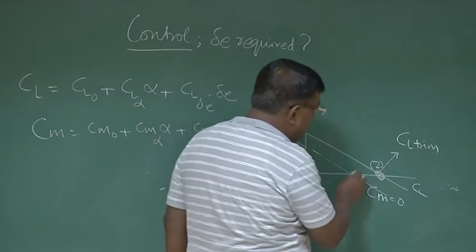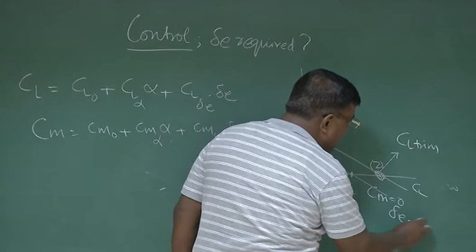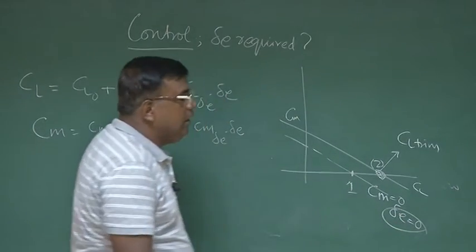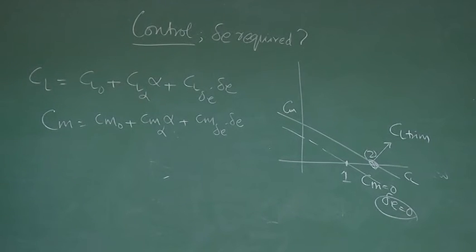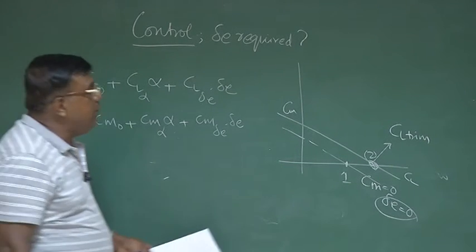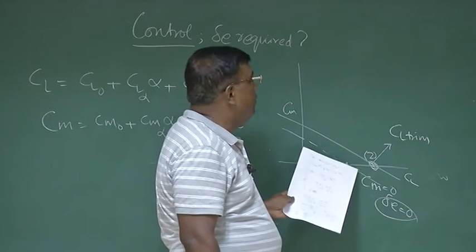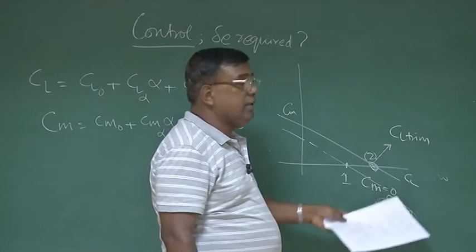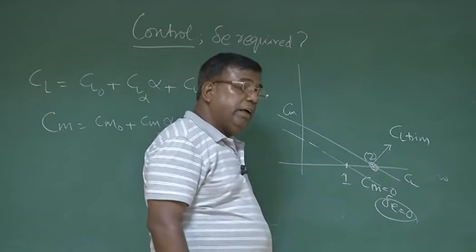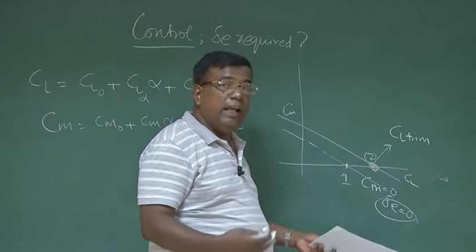Let's say this was the initial point where delta E required was 0. So everything, Cm naught, came because of the airplane design. So that is the question you are asking. Now from one CL I am going to a CL corresponding to point 2, then what is the elevator deflection I should give? Final question is, is it at all flyable or not?